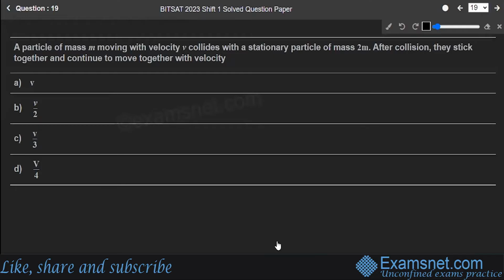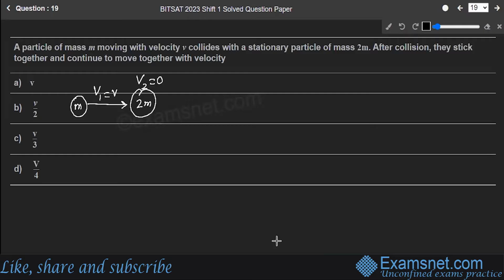Next is question number 19. It says the particle of mass m moving with the velocity v collides with a stationary particle of mass 2m. After collision, they stick together and continue to move together with velocity what? So here you have a particle of mass m which moves with the velocity v, and it collides with a particle of mass 2m, which is stationary.